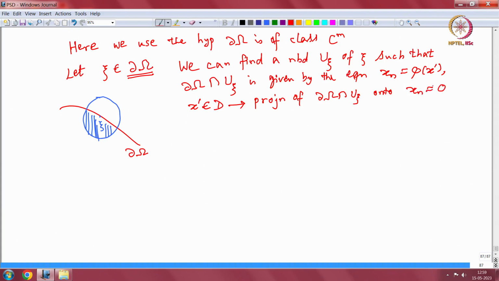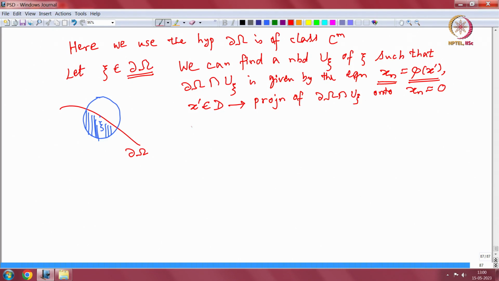So, since del omega is a union of simple pieces and J is a point on del omega, such a thing can always be done. So, here I am just, for the ease of writing, choosing xn. Okay. So, this need not be xn. It could be any coordinate, just for the ease of writing. So, I am doing that.